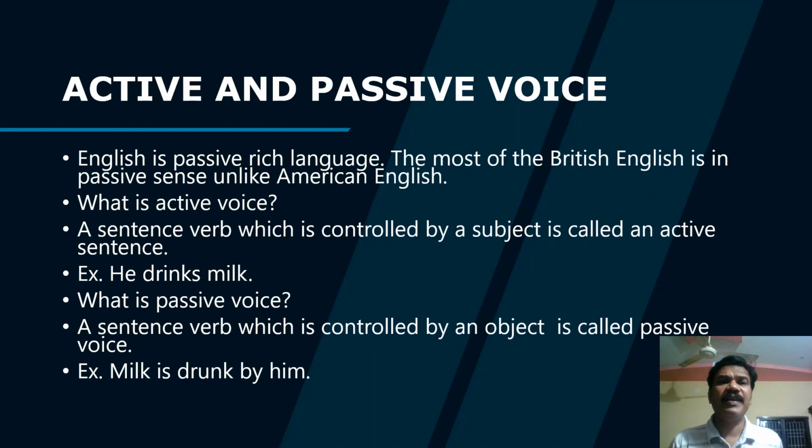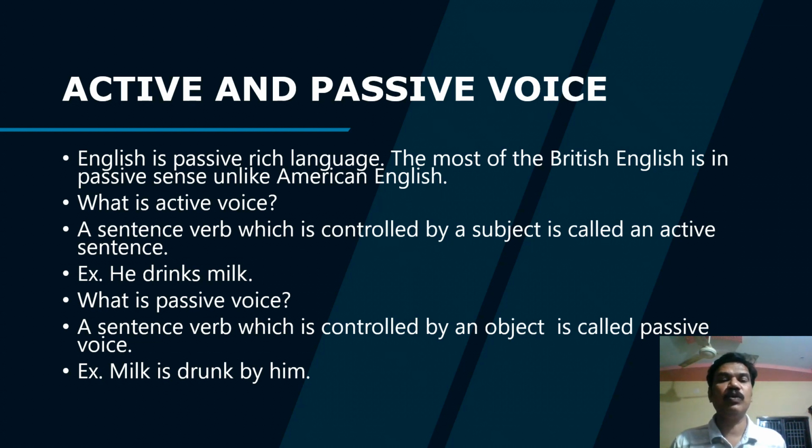What is active voice? A sentence whose verb is controlled by a subject is called an active sentence. For example, see the sentence: He drinks milk. The verb drinks is controlled by the subject he. Whereas, what is passive voice?